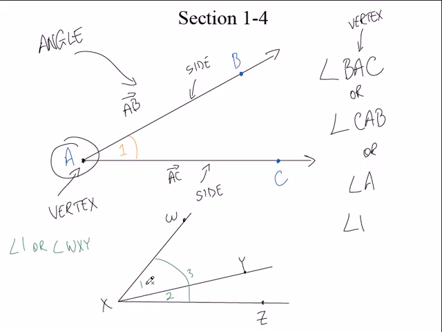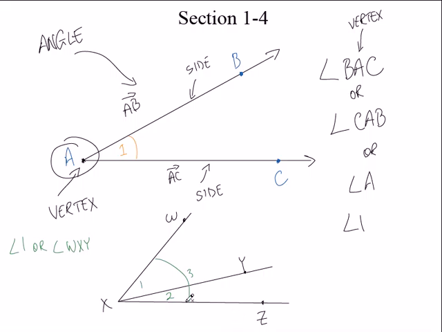Could I call this angle 1 right here? Could I just call it angle X? Why not? Because I don't know which one I'm talking about. If I just said, okay, look at angle X, how do I know which one I'm talking about? I don't know if I'm talking about this angle 1, or 2, or the whole thing, do I?